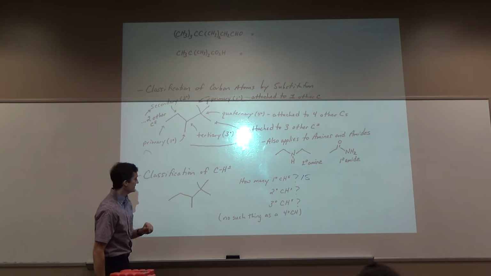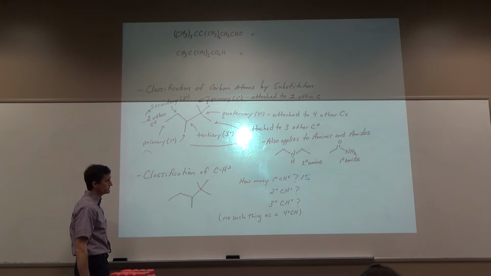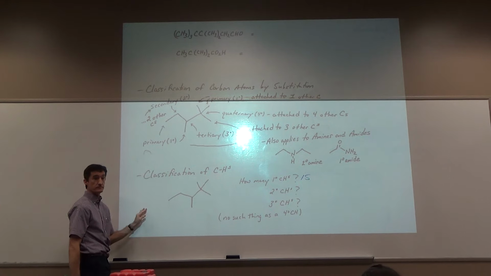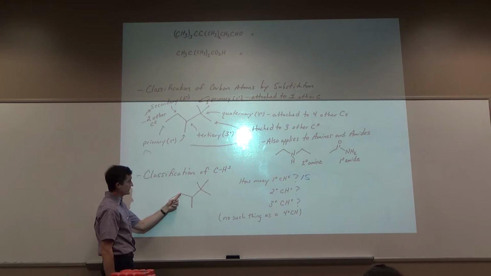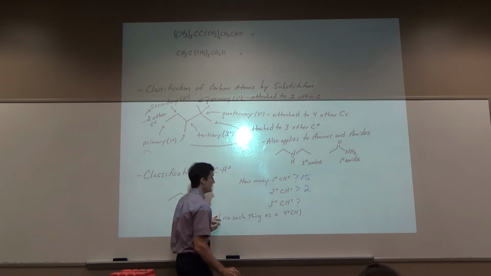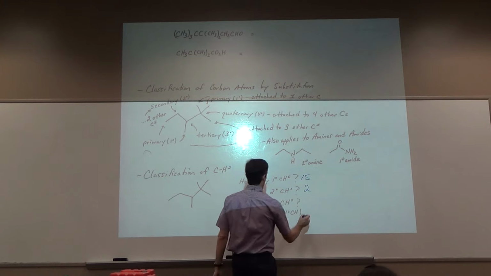How many secondary CH's? This would be the number of H's on secondary carbons. So that's a secondary carbon. You see any other secondary carbons? No. How many H's on that carbon? 2. How many tertiary CH's? 1.